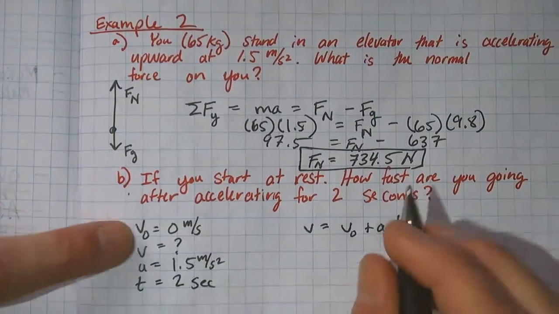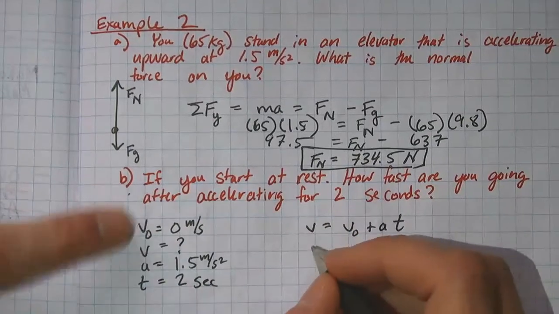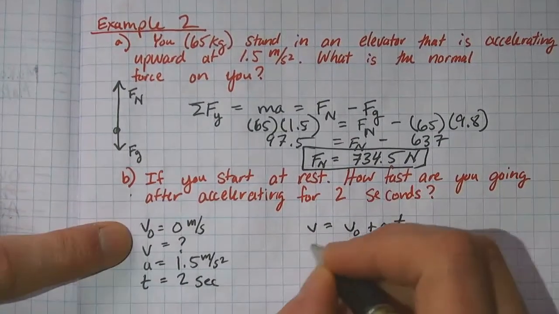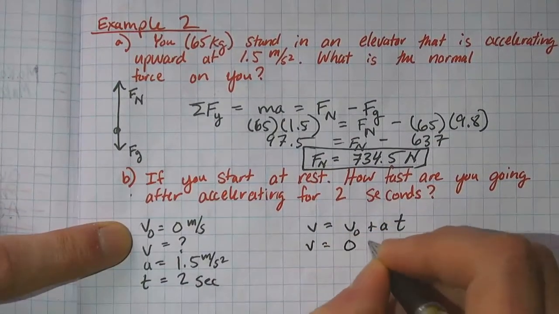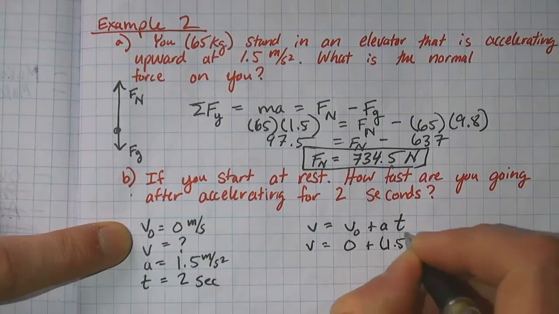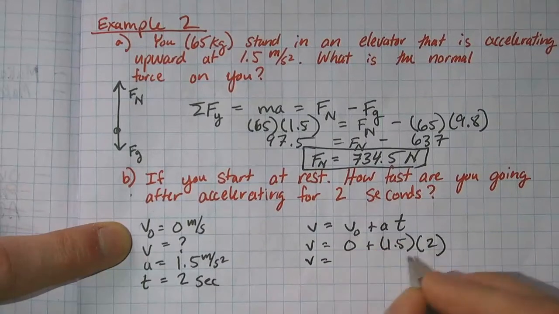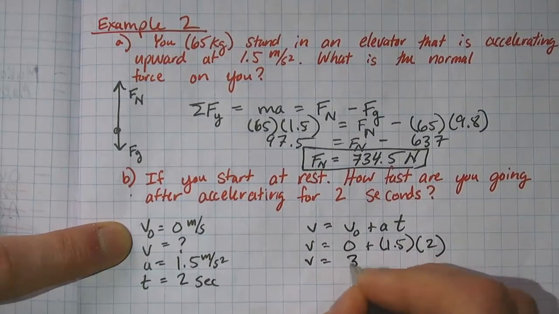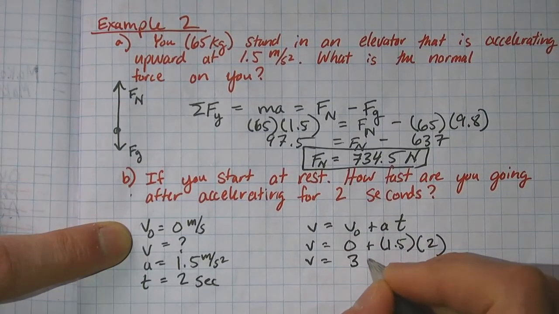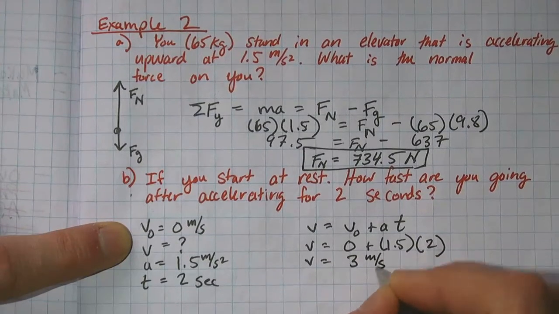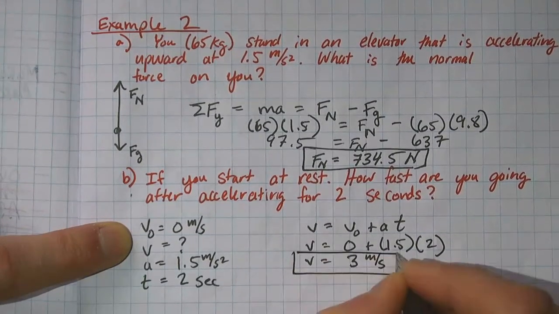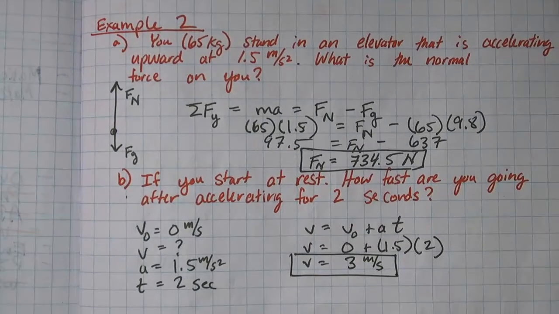So, going back to some of these old things, plug in the information that you know. 1.5 times 2 gives you 3 meters per second. There you go.